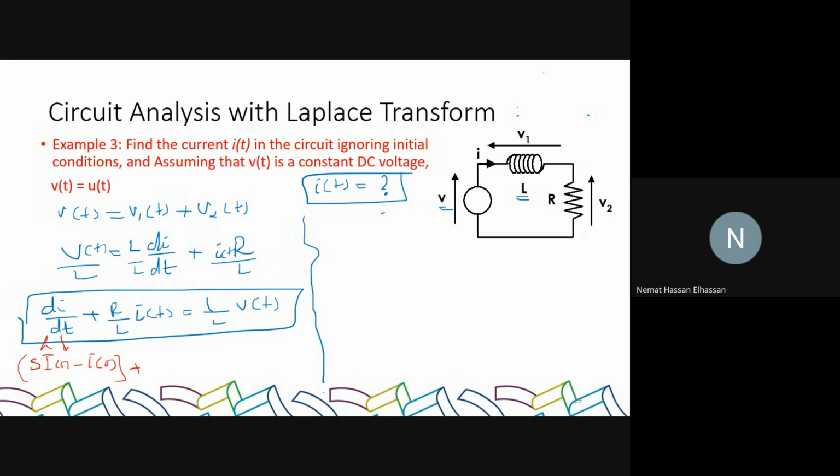L and R are constants. Constants are left alone. The transform of I of t will become what? The transform of f of t is F of s. So the transform of I of t is I of s, equal to 1 over L, which is a constant, times the transform of v of t.